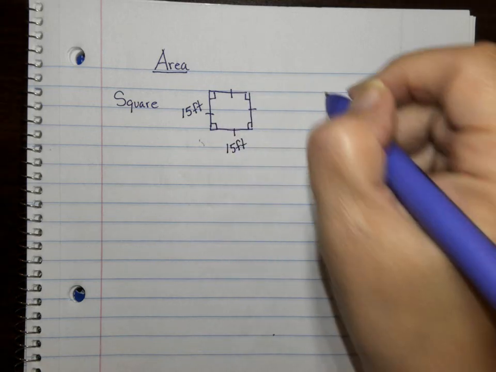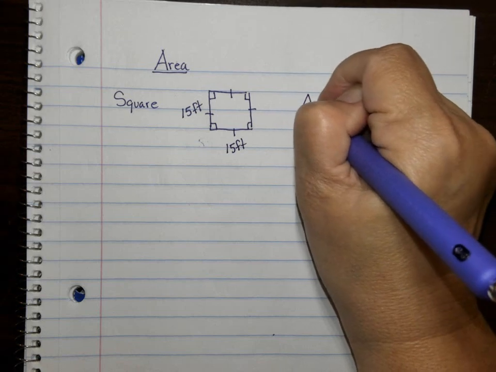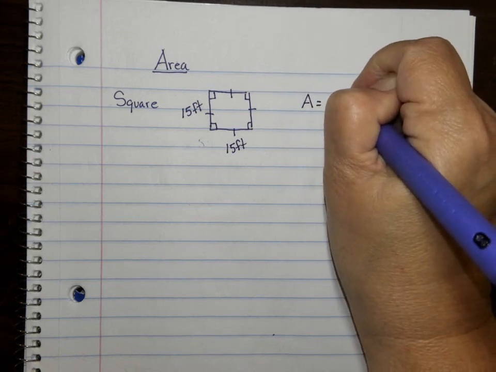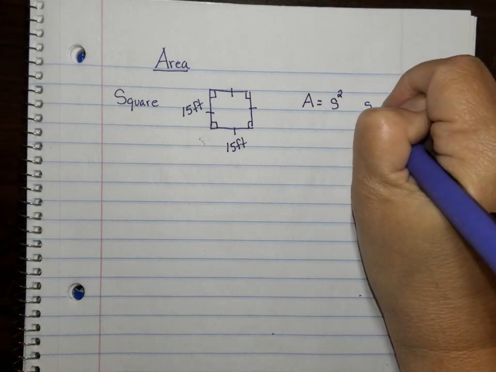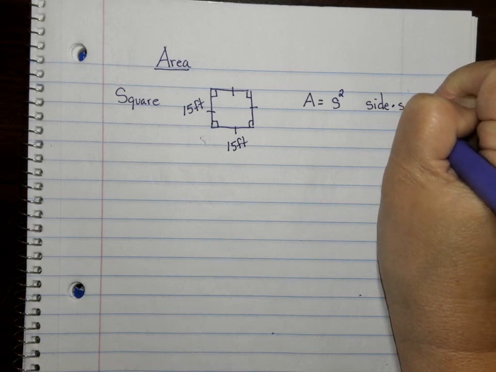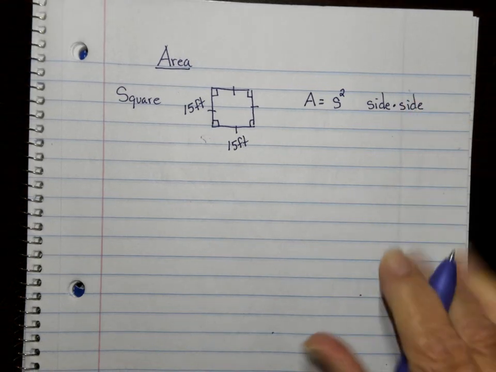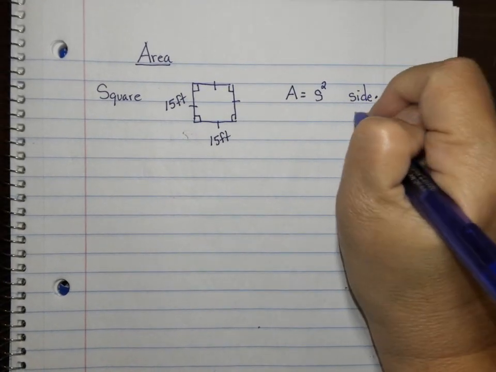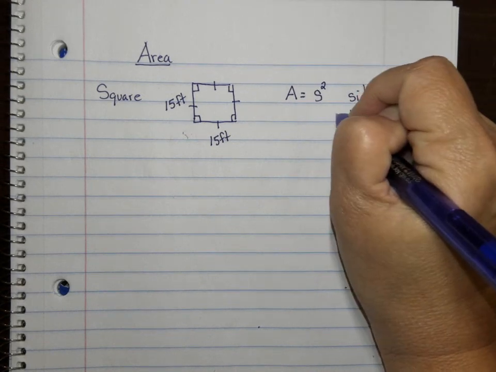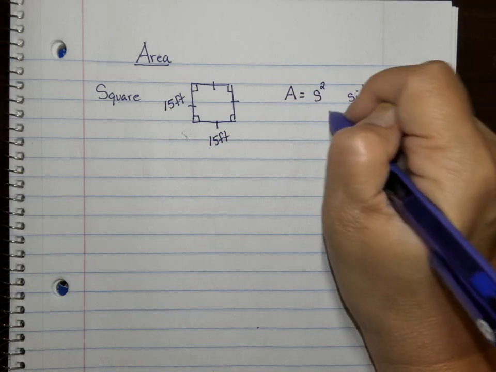So to find the area of the square, the formula that you usually see is s to the 2nd power, which means side times side. 15 squared. 15 times 15.